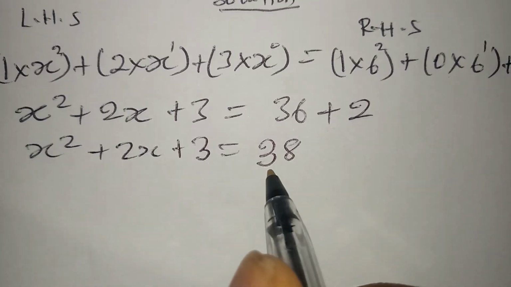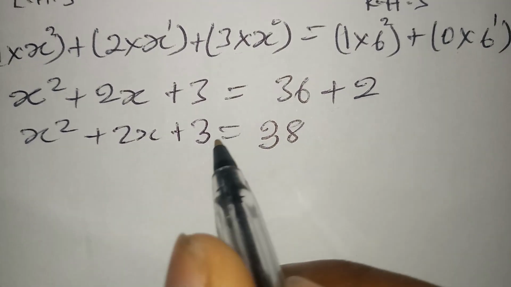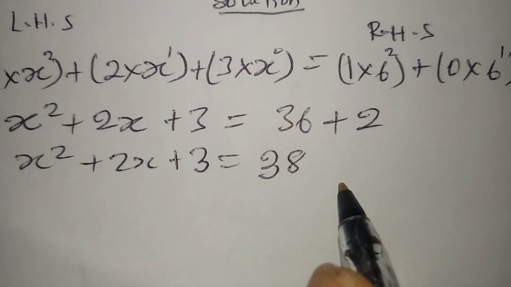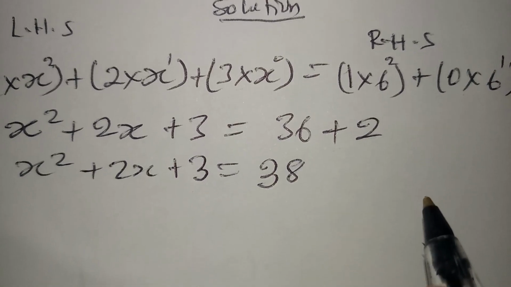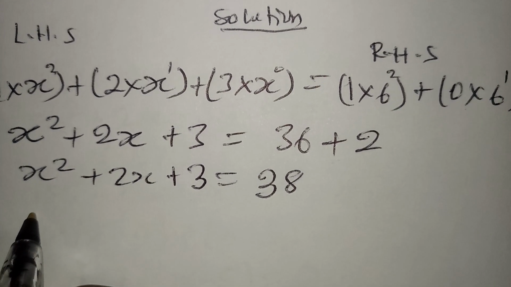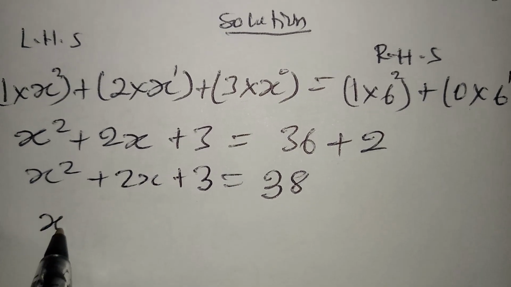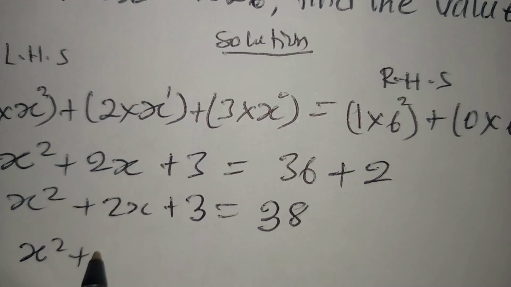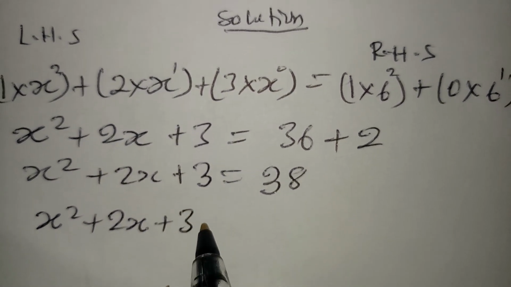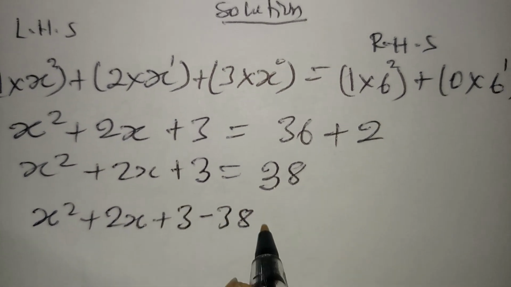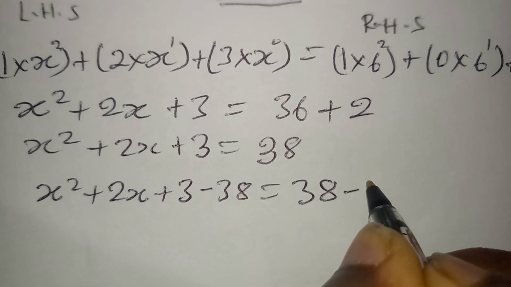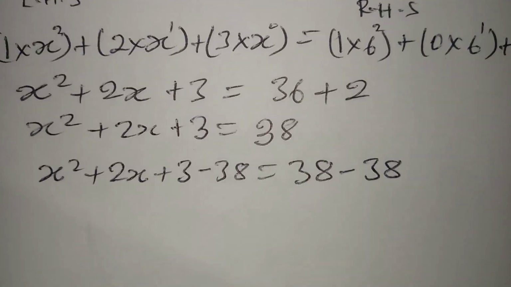Now we can decide to transpose this 38 to the left hand side, and in doing that we subtract 38 from both sides. So here we have x squared plus 2x plus 3 minus 38 equal to 38 minus 38.